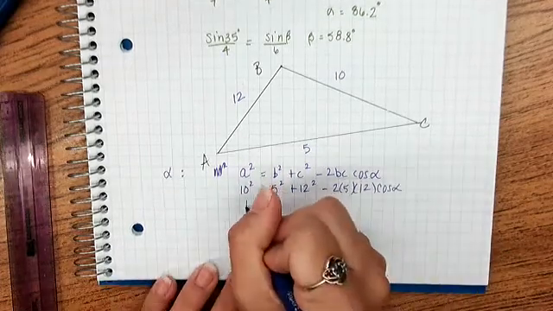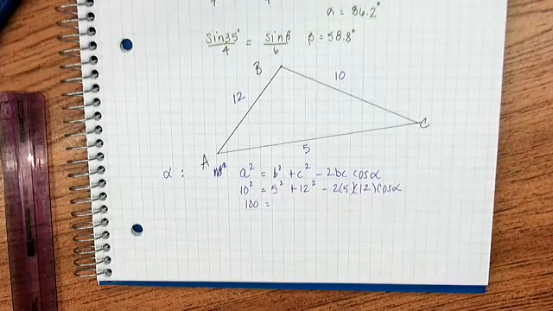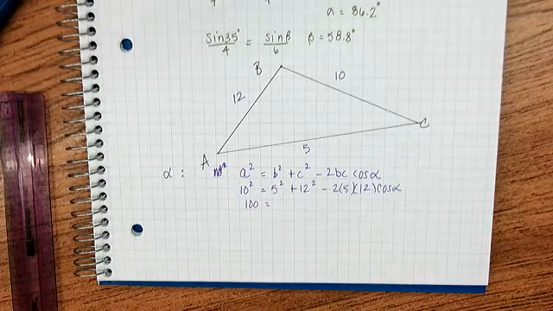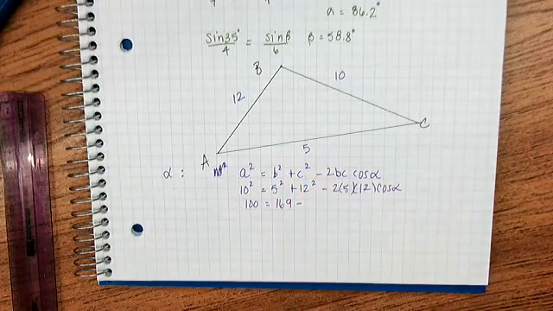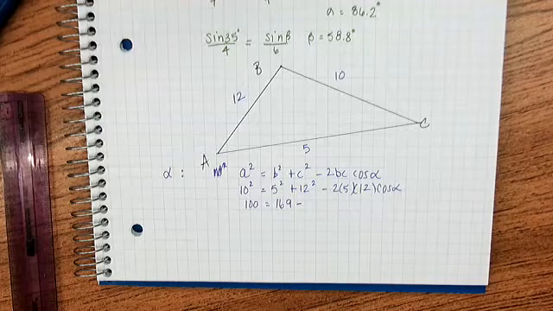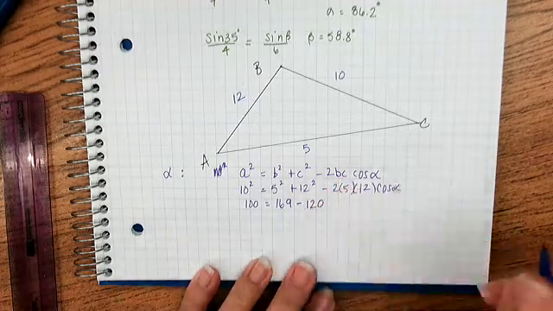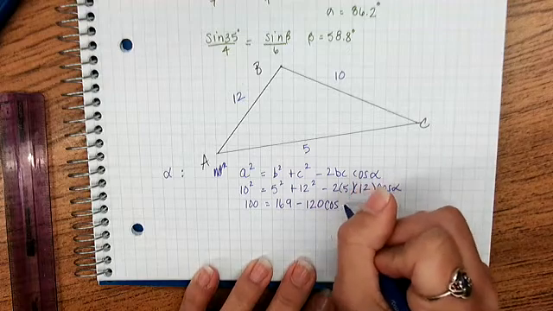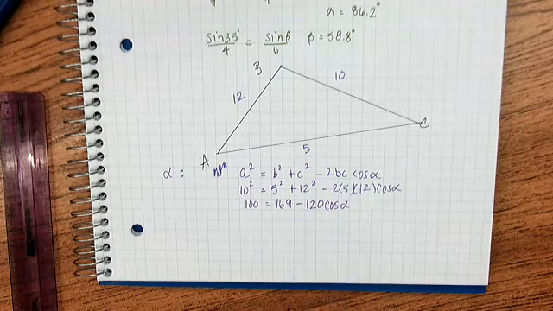Great. So I'm going to show some work here. So you're going to get 100 equals 25 plus 144, 169, minus, let's see, I'm making the video by myself. I'm going to use my calculator just to make sure I don't make a careless mistake. 120 cosine alpha. These are not like terms.